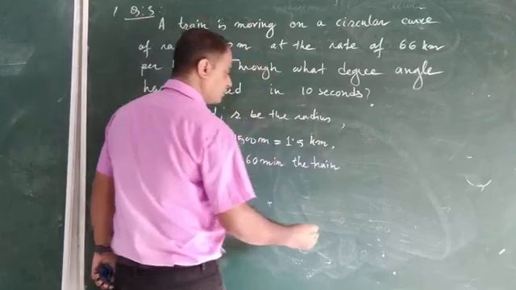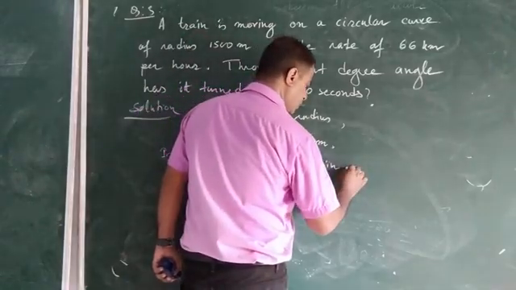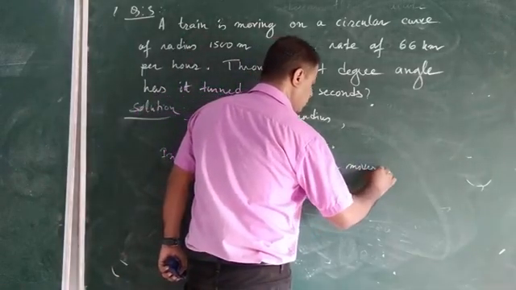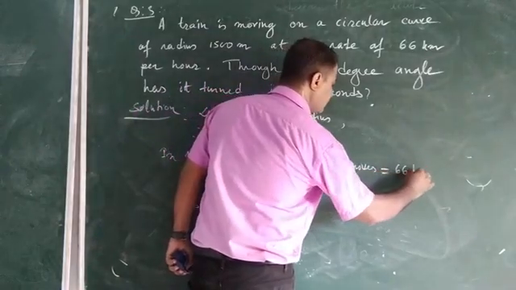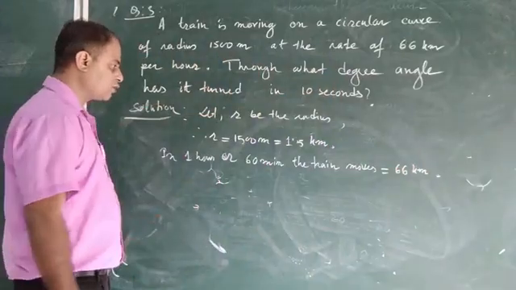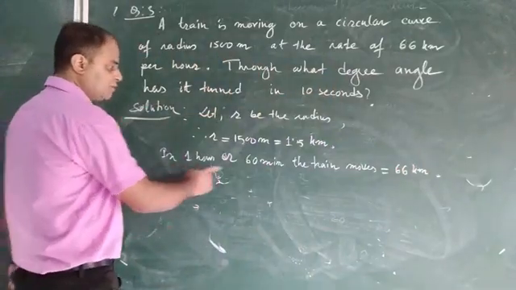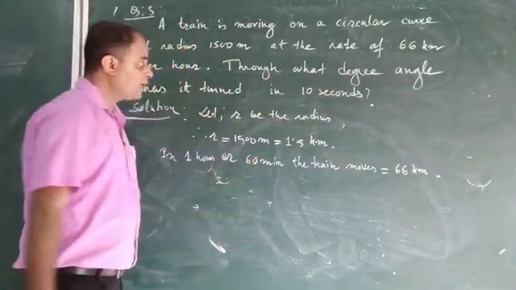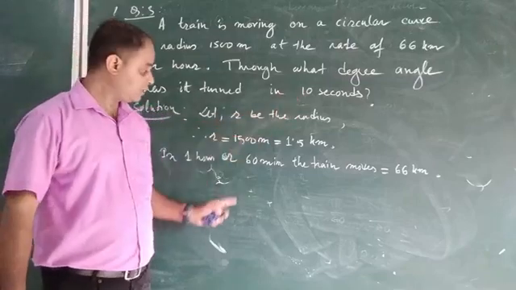The train moves 66 kilometers of circular distance in 1 hour or 60 minutes.